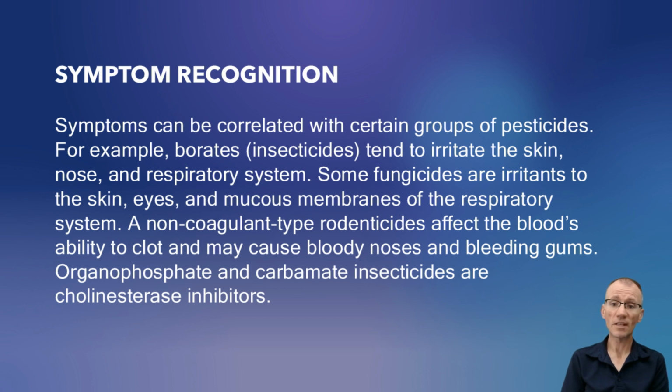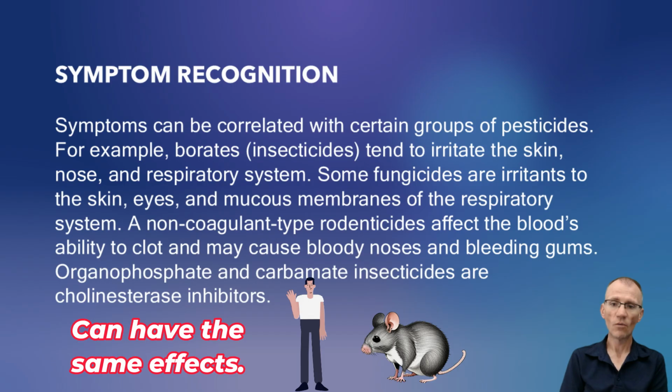These things are interesting. We're going to talk more about these as we go, but I want you to understand these classes of insecticides are basically formulated to work a certain way, and because of that, they're going to have different effects on humans. Sometimes, like the non-coagulant type rodenticides we talk about here, that affecting the ability of the blood to clot works the same way on rodents as it does humans.